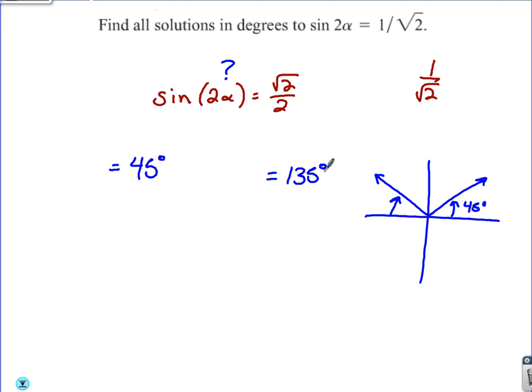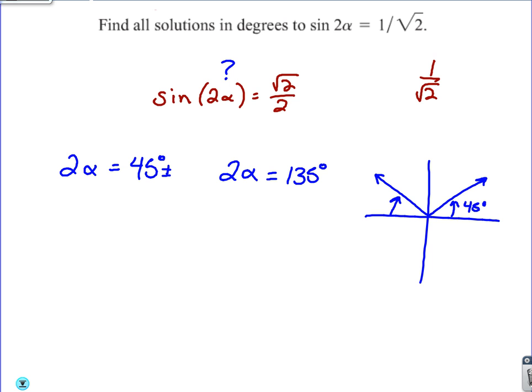But here's the issue, guys. It's not just plain x. It's not just plain alpha. So here's what you're going to do. The sine of 45 is root 2 over 2. The sine of 135 is root 2 over 2. So therefore, 2 alpha is either 45 or 2 alpha is 135, plus or minus.